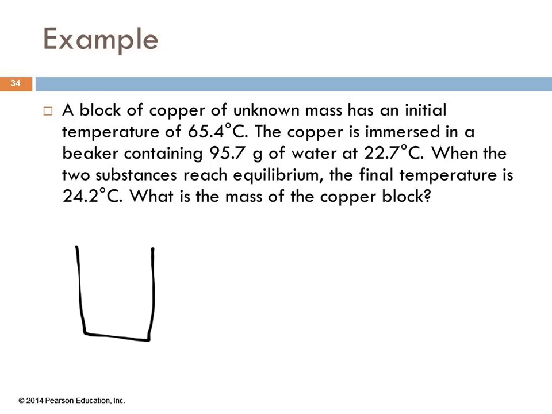Okay, so I'm going to draw, and see, you can draw pictures without being an artist. I'll make my copper kind of copper colored. So there's my copper down there. It looks like, well, here's one of my kids' favorite jokes.